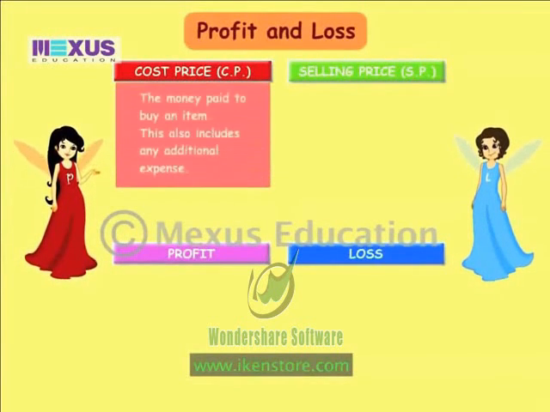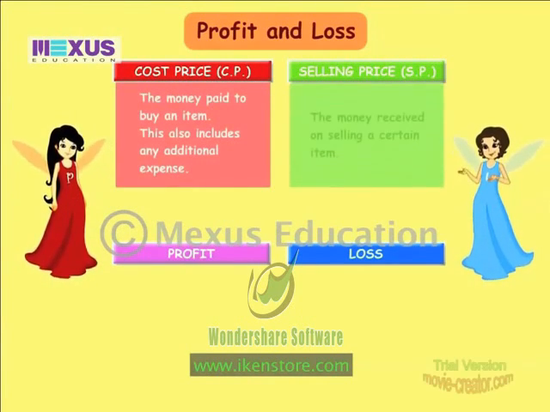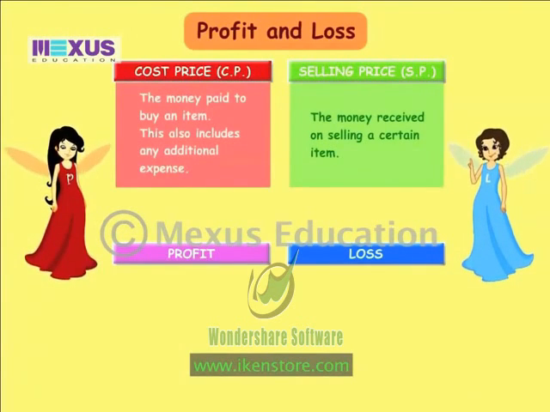Cost price is the money that the shopkeeper spends on buying a certain item. The cost price also includes additional expenses on transport, labor, and maintenance as well. Selling price is the money the shopkeeper receives on selling a certain item.